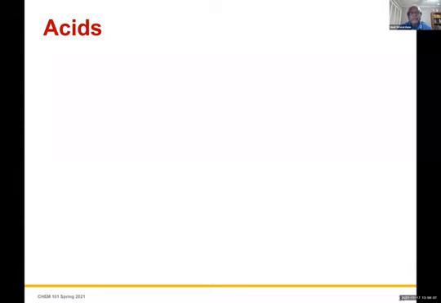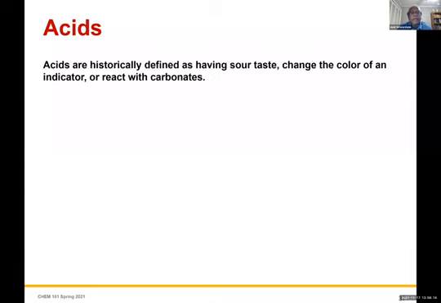Certain substances dissolve in water, break up into hydrogen ions, and produce hydronium ions. Acids historically have a sour taste, like vinegar, and change the color of an indicator or react with carbonates. They produce carbon dioxide gas when you place acid on a piece of shell, which consists of calcium carbonate.